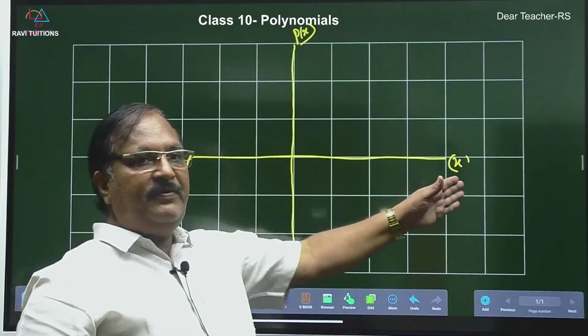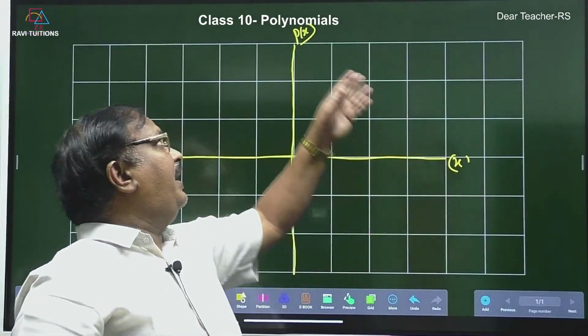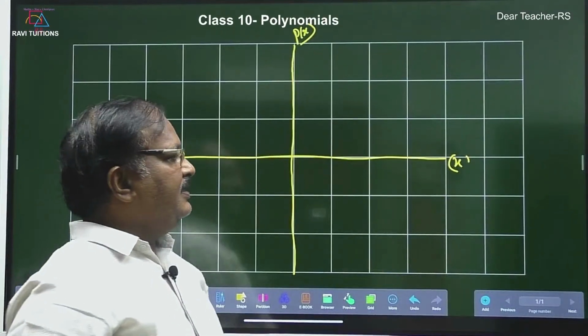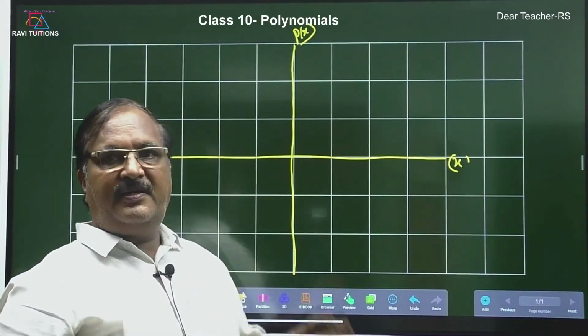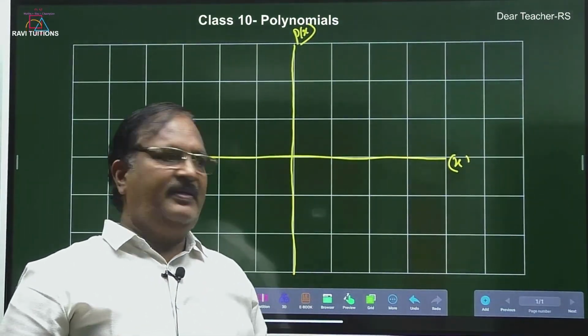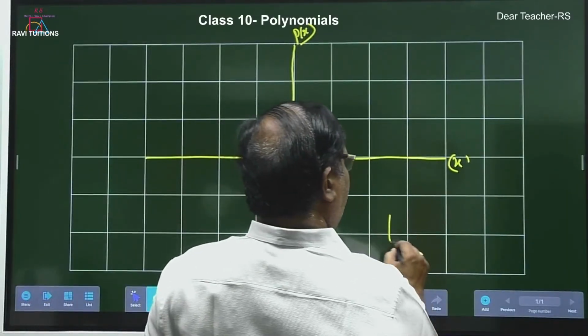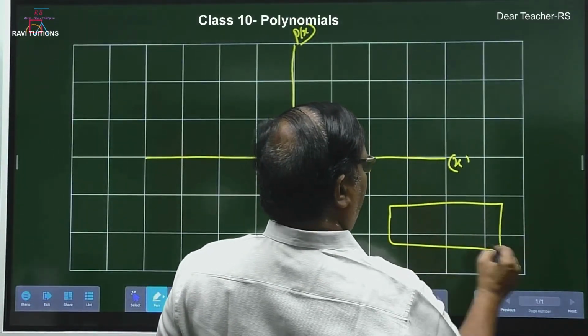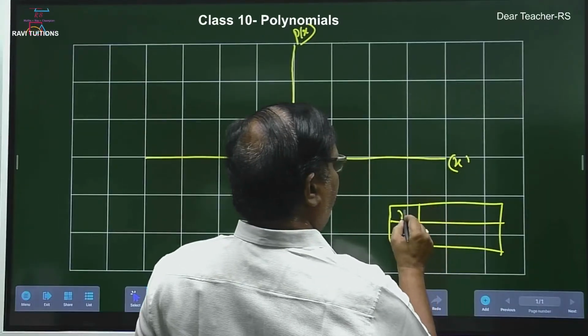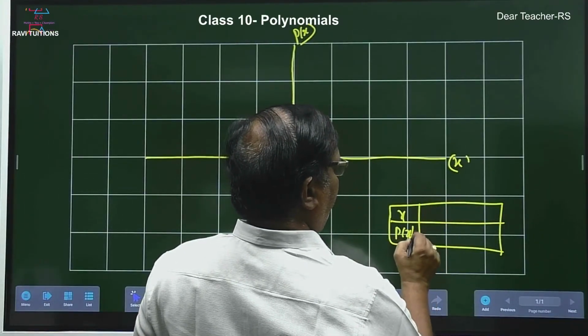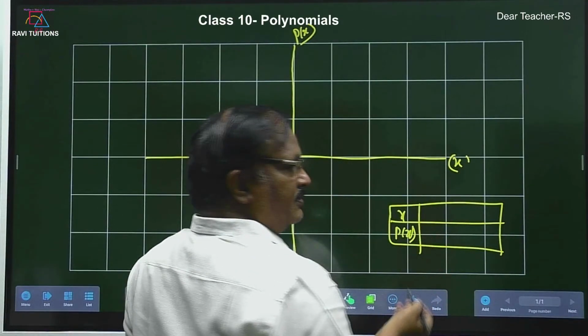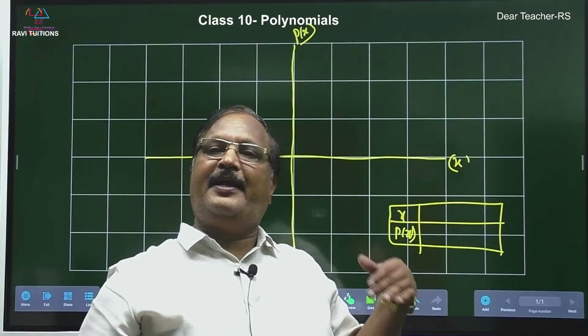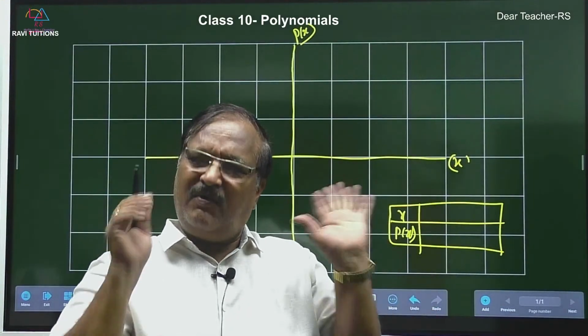So you give x different values and find out the values of p(x), and then plot the graph. For any graph, there is a table like this. In this table you write the x value and the p(x) value. p(x) means one polynomial. It can be linear, quadratic, cubic, whatever.